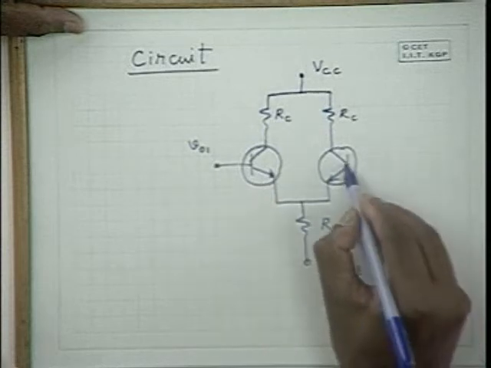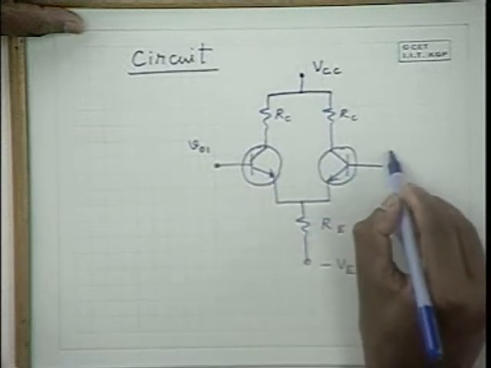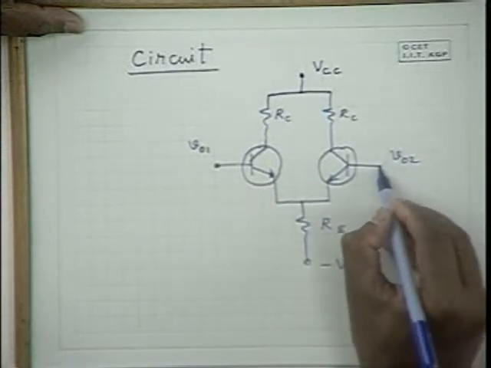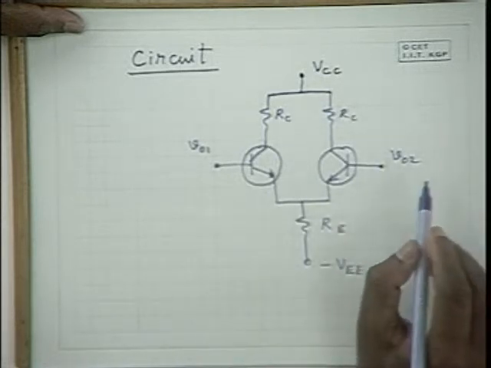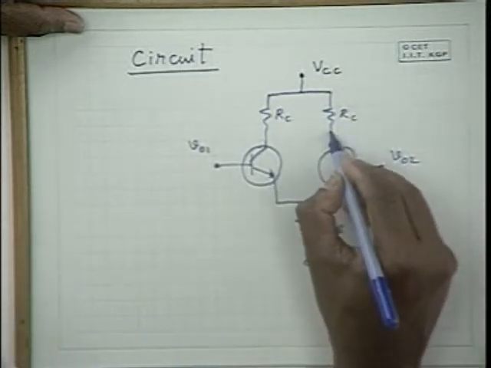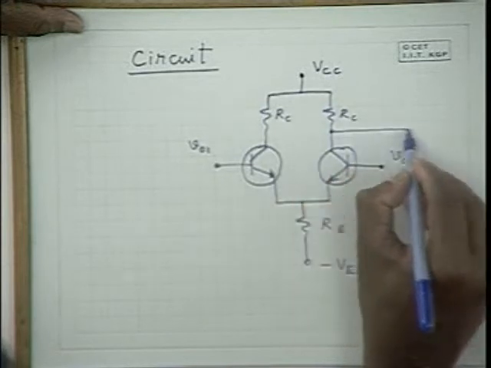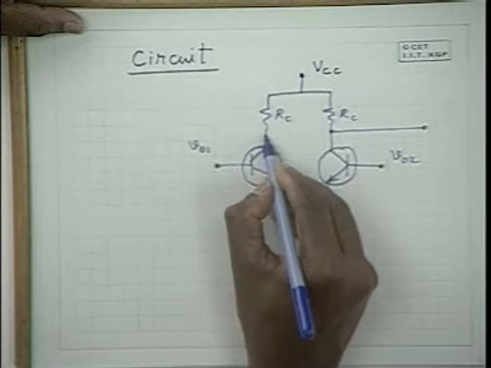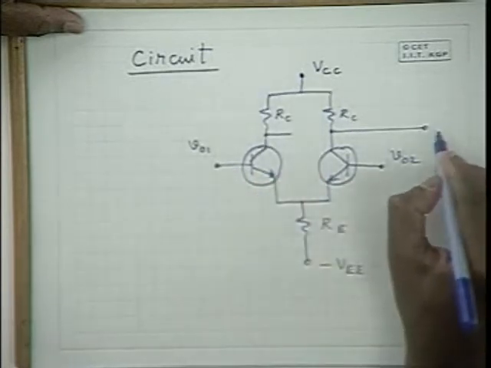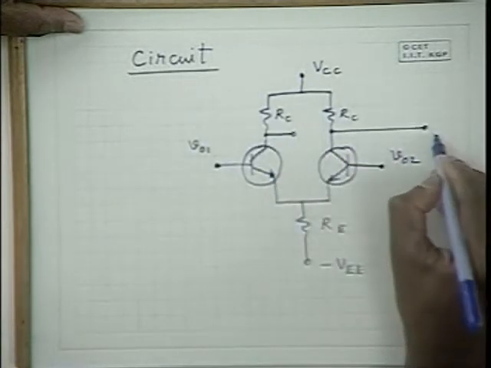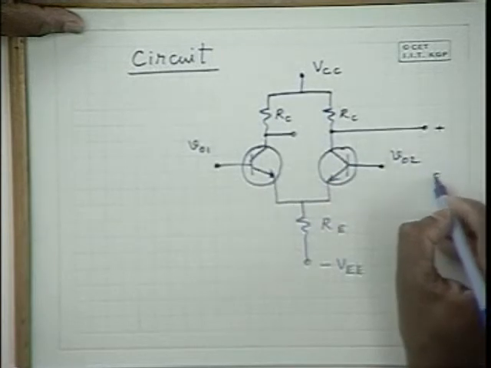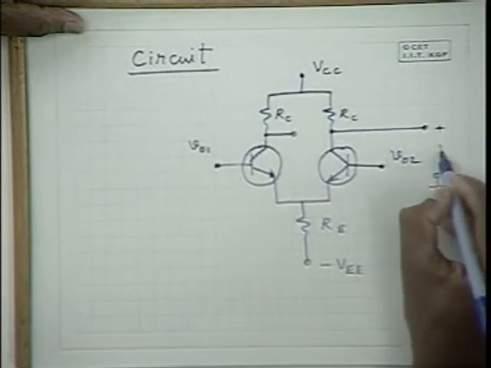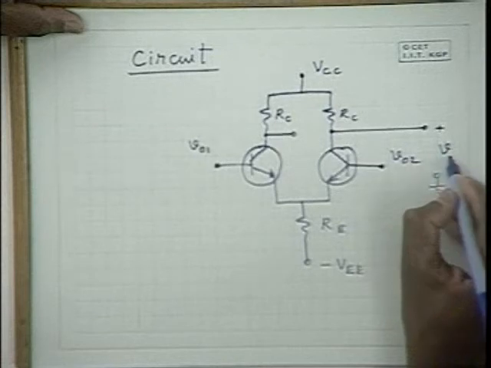One input here, apply the second input here, VO2, and you take either this collector or this collector as the output. So let us for the time being use this collector as the output terminal.